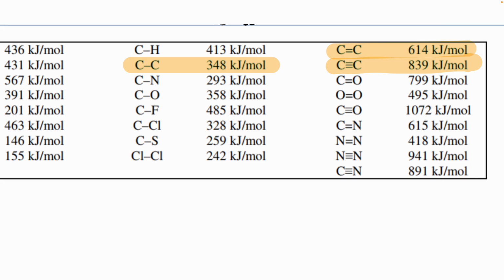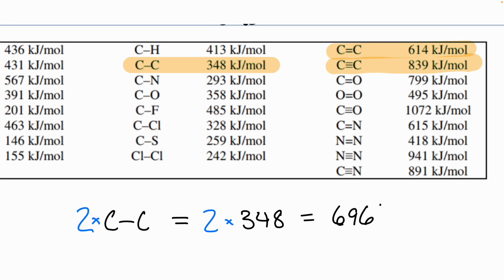But importantly, let's look specifically at these numbers, and let's do 2 times a carbon-carbon single bond. If we multiply that 348 times 2, we get 696 kilojoules per mole.